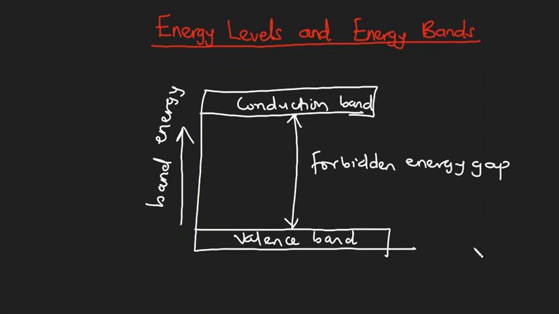So we can conclude that the forbidden gap in insulators is very huge. Insulators have a huge forbidden gap compared to conductors, which have a small forbidden gap.